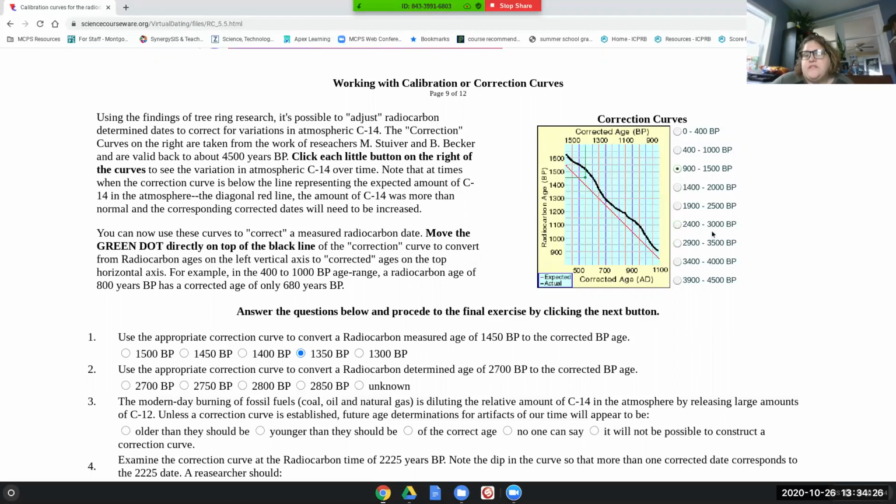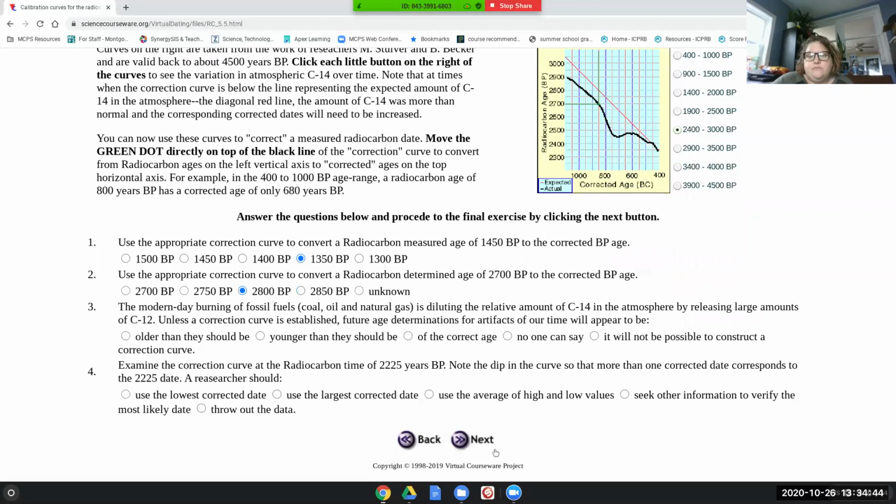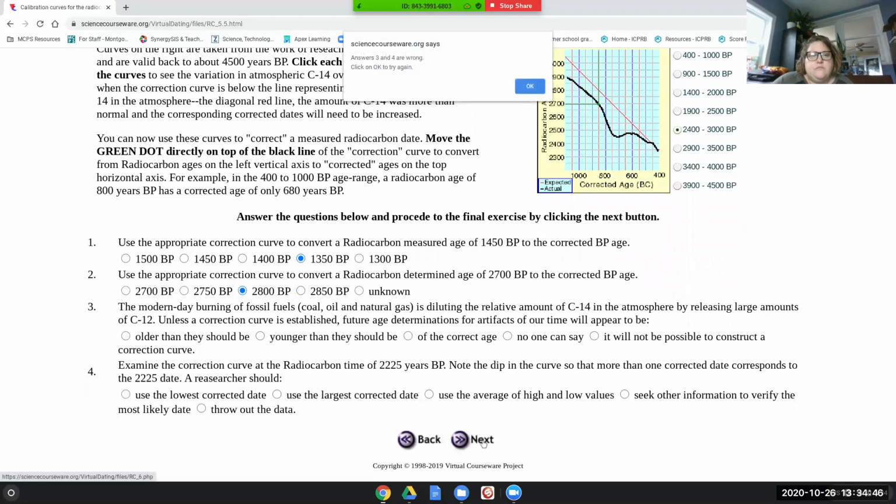So we want 2700 BP. So it's definitely in this range. If it's not 2800, then it's going to be 2850. I liked it.